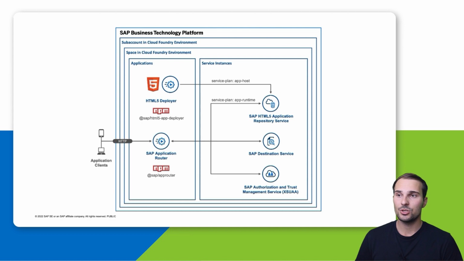Use this package to deploy an HTML5, more specifically a UI5 application to Cloud Foundry, and also connect it to the HTML5 application repository service. So that way, if the Approuter points to it, it can actually consume, redirect to the HTML5 code. Right? Okay, let's start with the coding.